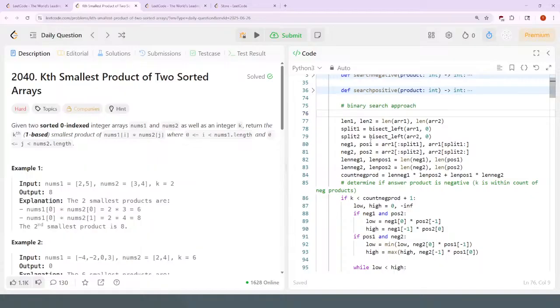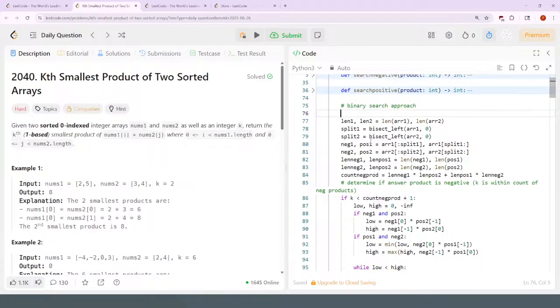So for a given product, it's going to be above some number of other products and below some other number of other products. And you can search for it: if k is 1,000 and the product that you guessed is above 500 different products, then you would guess a higher product. Instead of guessing 10, you might guess 50.